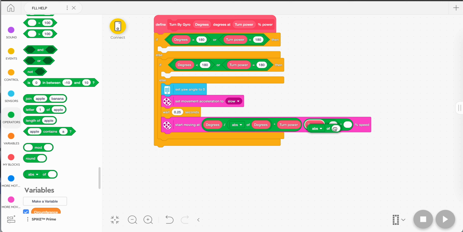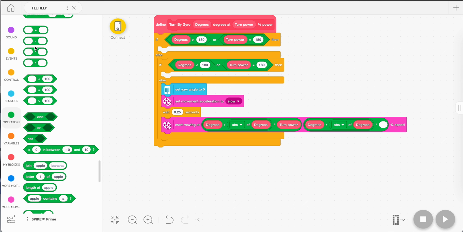So again, we're copying that. Okay, absolute of degrees. And then grab a subtraction. You know what it should look like. Put it in the second hole. Then place in a 0. And then grab yourself a turn power.